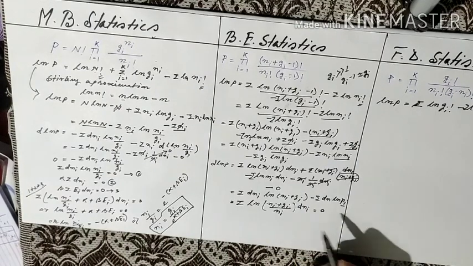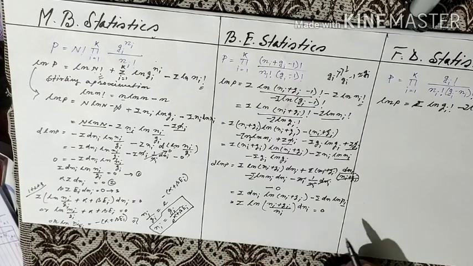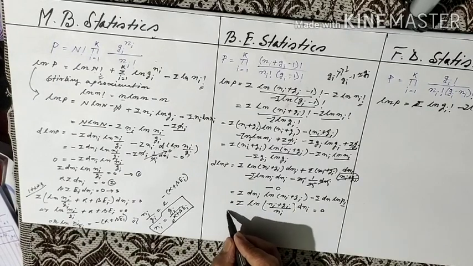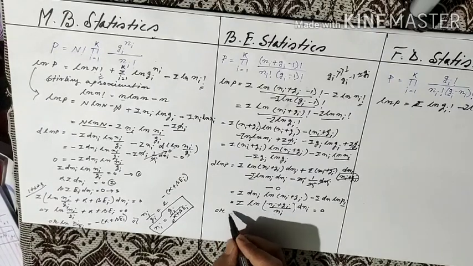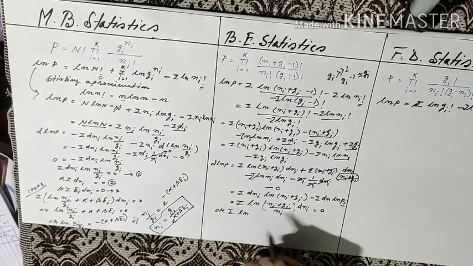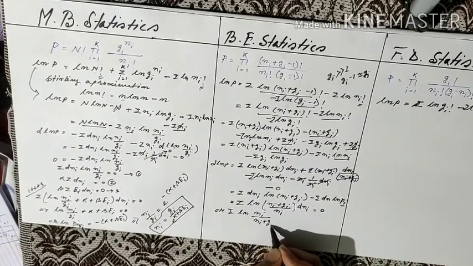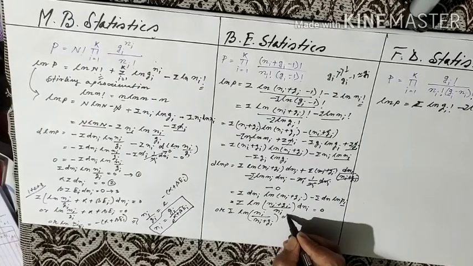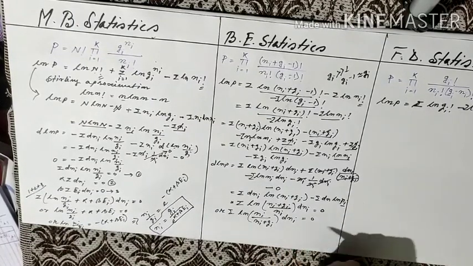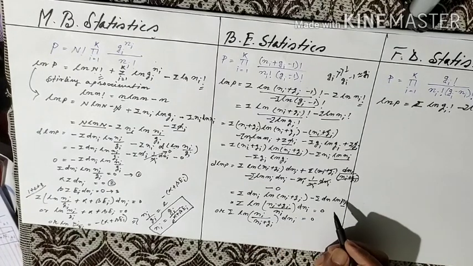Since the right hand side is 0, I can reverse it by simply multiplying both sides by minus. So I can write summation of ln ni by ni plus gi into dni is equal to 0, because I can multiply both sides by minus. This will help us, that's why we are doing this.